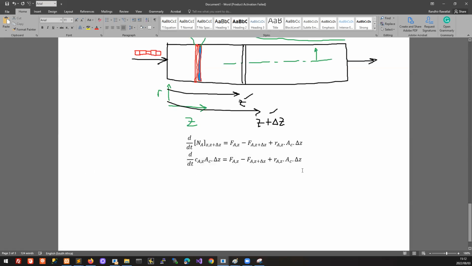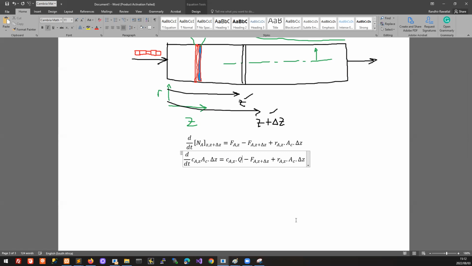Another thing we should do is, instead of writing this as molar flow rates, we can say this is the same as the concentration of A at position Z multiplied by the volumetric flow rate at that position Z. And again, let's assume the volumetric flow rate is the same across this whole space. And then here also we can say this is the concentration at Z plus delta Z times the volumetric flow rate there.